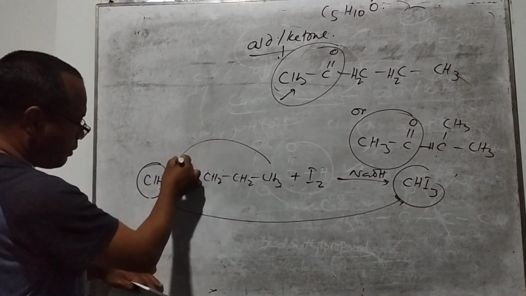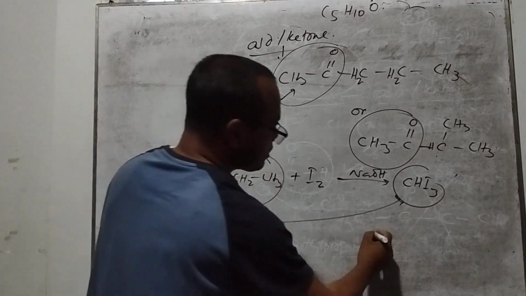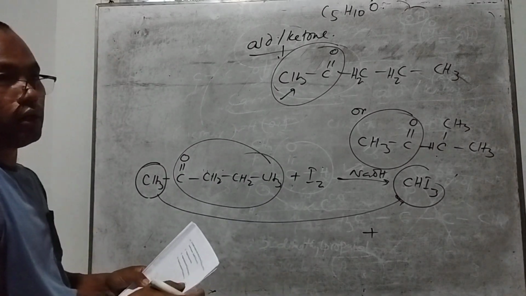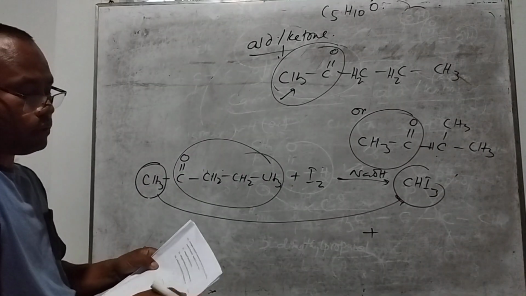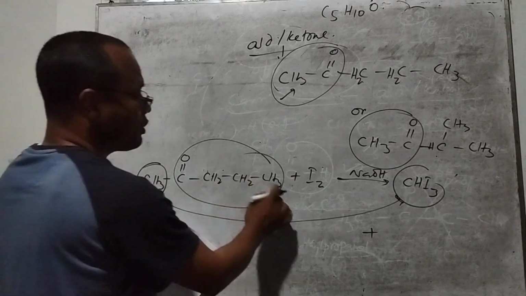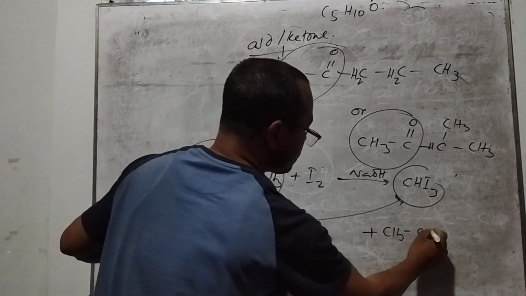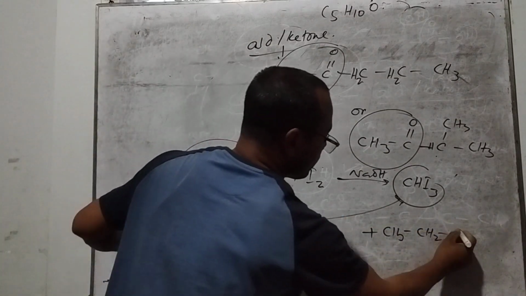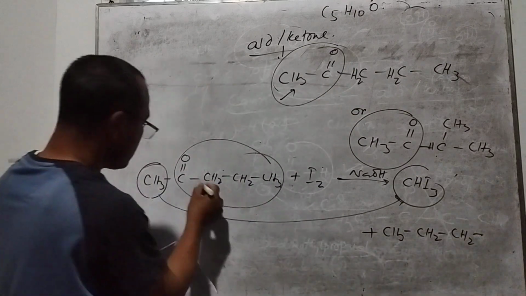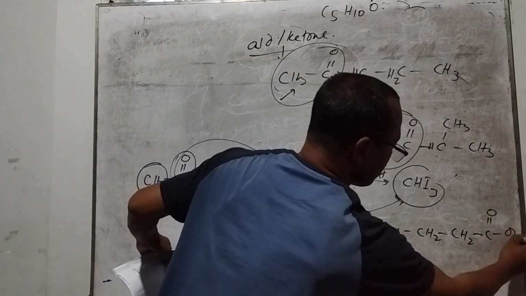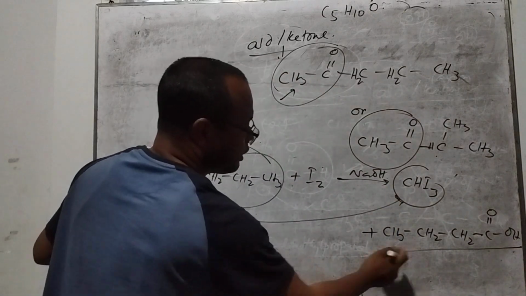The remaining part is converted into the salt of the carboxylic acid. So what is the acid given? Butanoic acid. How will I write butanoic acid? CH3, CH2, CH2, CH2, then this part should be written as the acid. So this is butanoic acid.